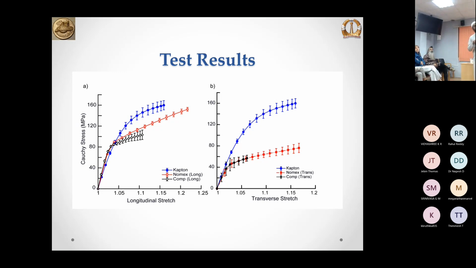You can see that Kapton is failing around 18%, and Nomex is at more than 20%, and Composite is just between them. And also the Composite, because it is fabricated from the Nomex and Kapton, it has to lie theoretically in between, and that is almost in between that. There may be some errors. Similarly, you can see that in the transverse direction, Composite is mostly dominated by the properties of Nomex.